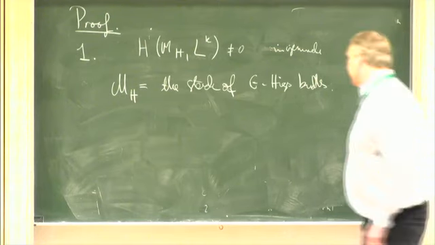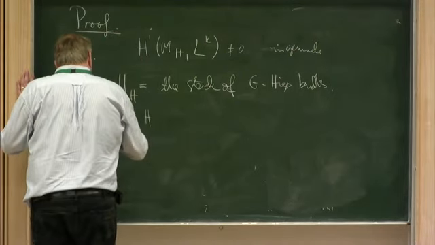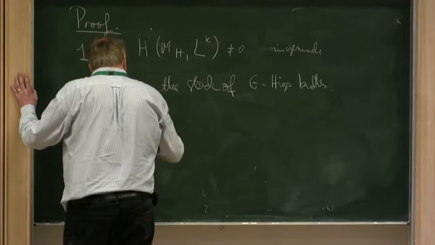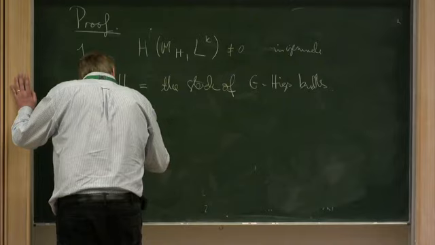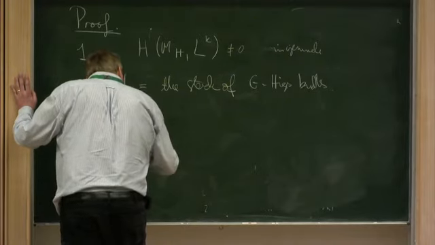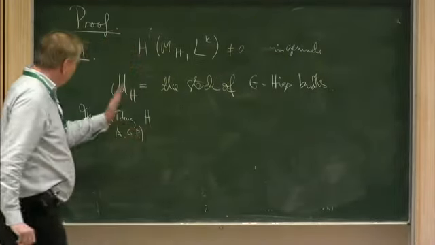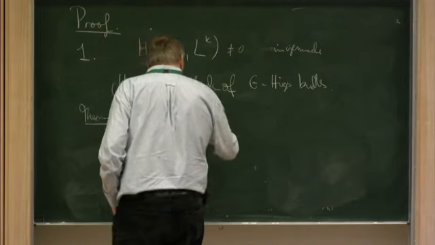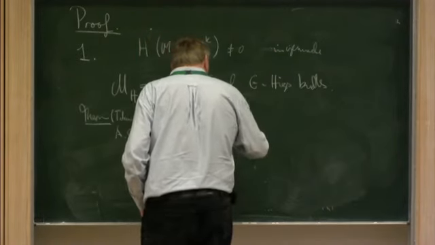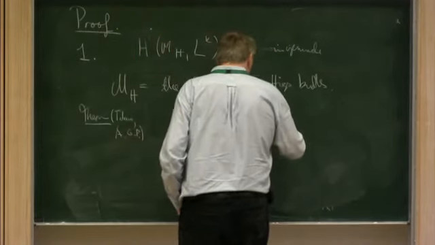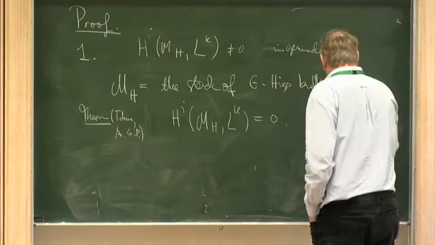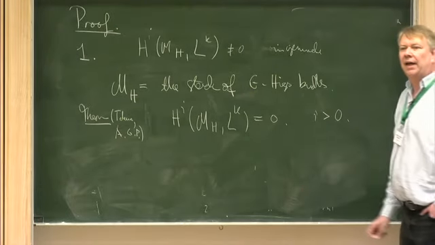And the nice thing about the stack is that you can actually prove, and this is a theorem which is first of all due to Teleman, but we have an alternative argument to this, and you'll see in the parabolic case something else. What we prove is that the higher cohomology groups over the stack of this bundle is really 0. So therefore, we actually have to go to the stack.